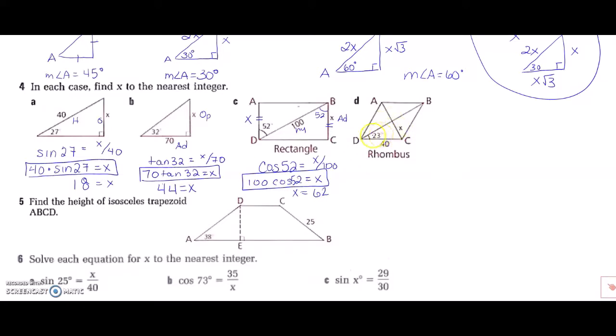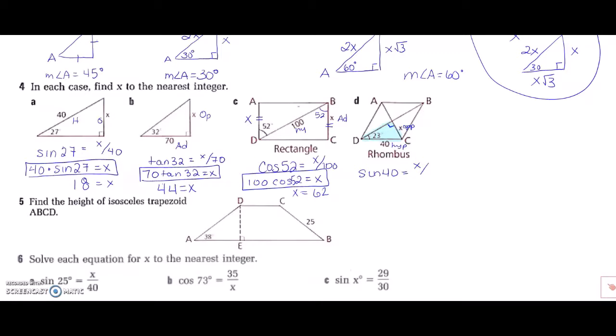And here's my rhombus. If I just focus in on this triangle here, I remember that a rhombus has diagonals that are perpendicular and bisectors, but that's kind of irrelevant. So opposite of 23 is x, and then the hypotenuse is 40. So opposite over hypotenuse is sine. So the sine of 40 is equal to x.